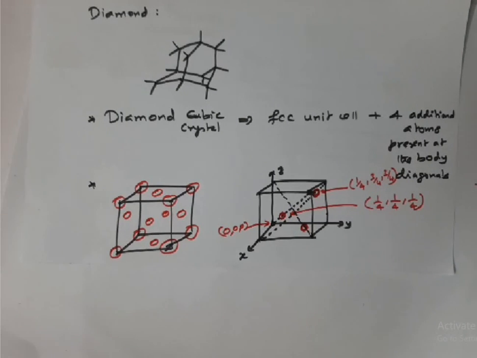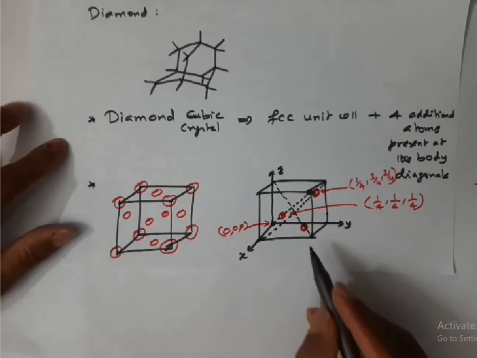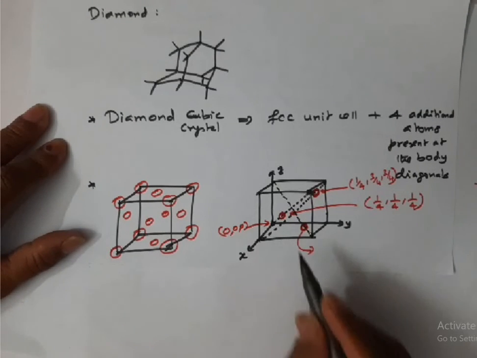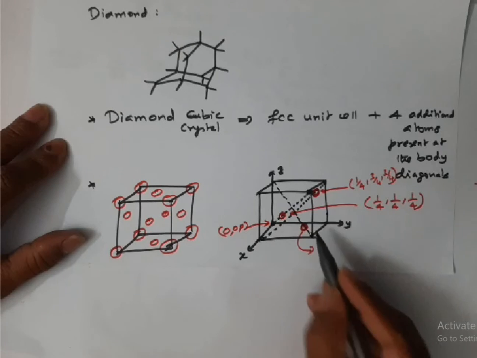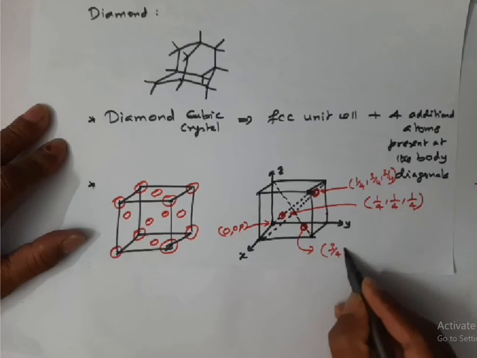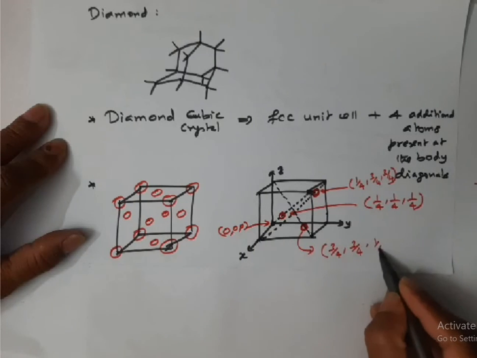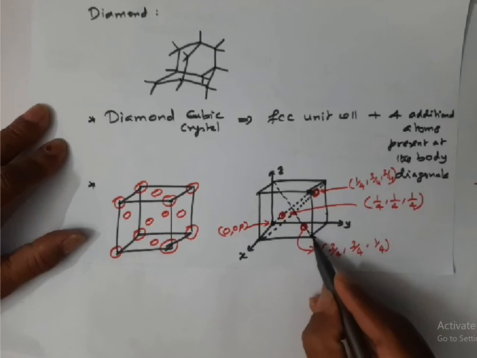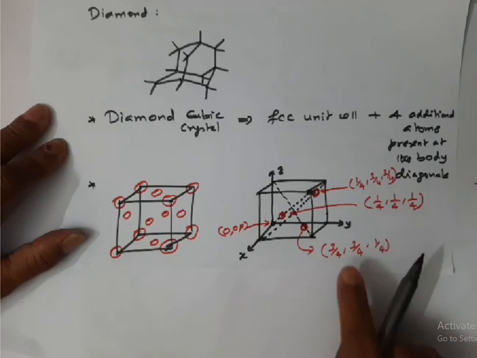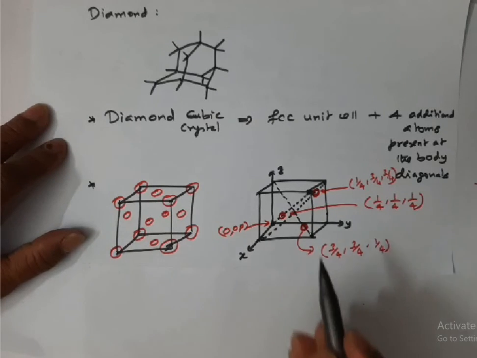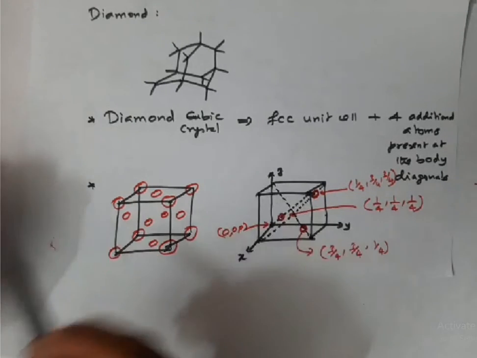The position of this atom is X value 3 by 4, Y value 3 by 4, and Z value is 1 by 4, because it is close to this corner, therefore the Z value should be low. Then I'll take the next body diagonal, that is this diagonal.